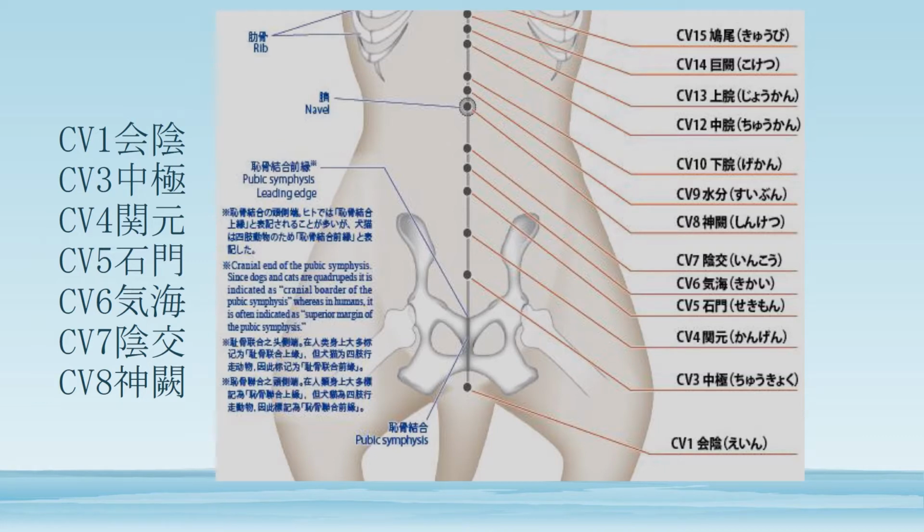The landmark is the navel, which is CV8. And also the other landmark is the anterior edge of the pubic tubercle.